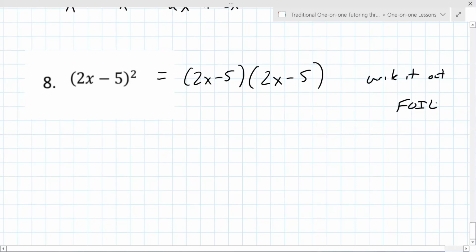Once you get this written out, if you could foil that for me, I would appreciate it, and simplify like terms.